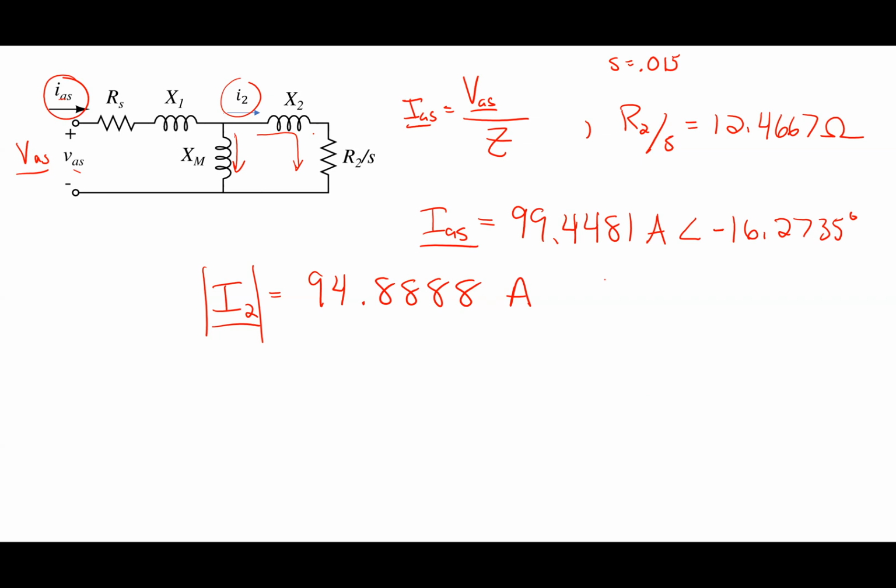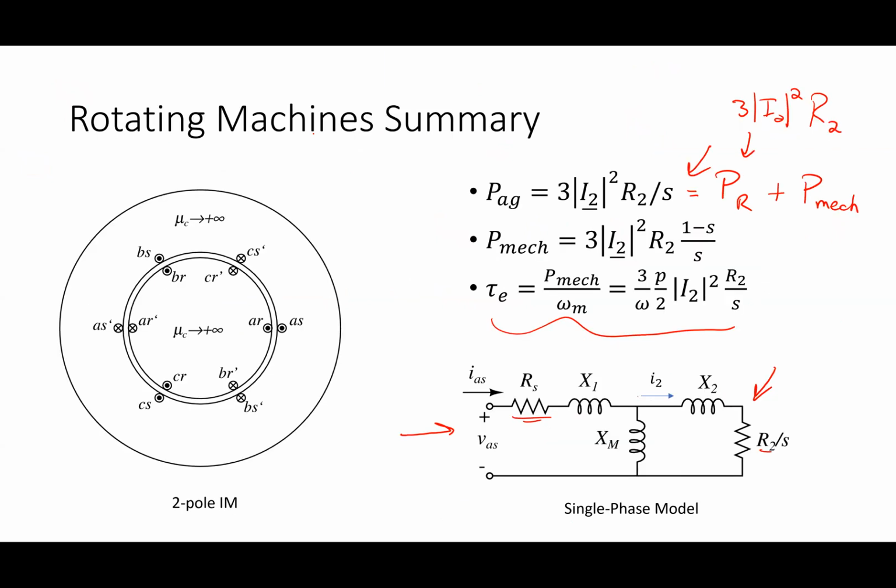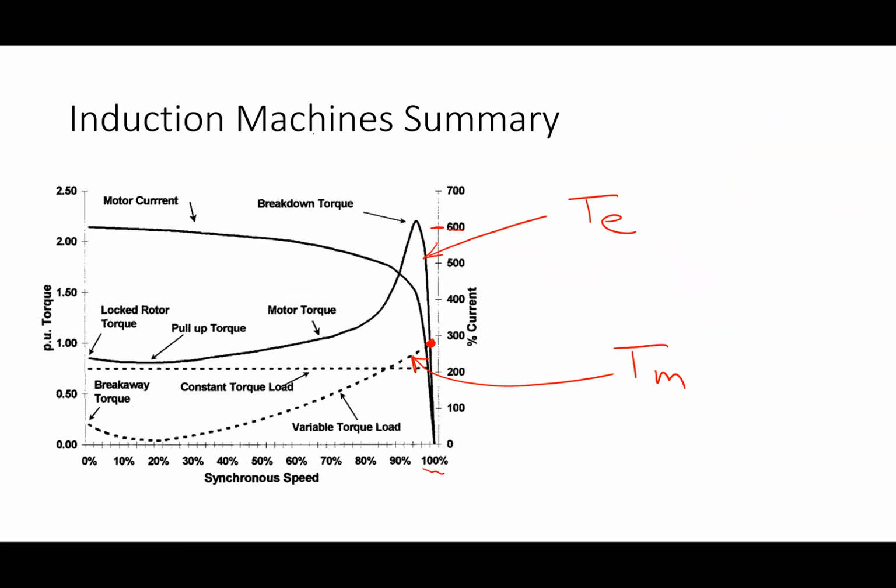And then at that point, I just got to go through my formulas here to say, okay, well, what's the torque, and then what's the power and all that good stuff. So I basically put it through my equations to get all that, and it's not that hard to do. It's pretty straightforward.